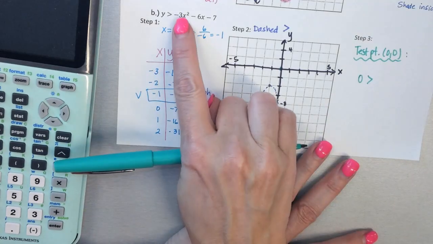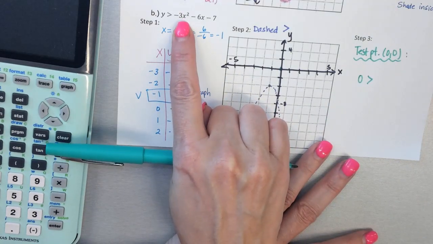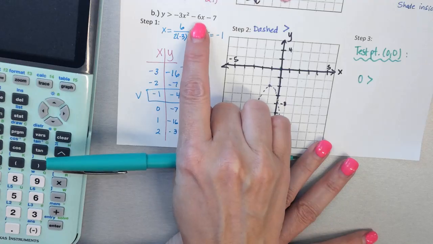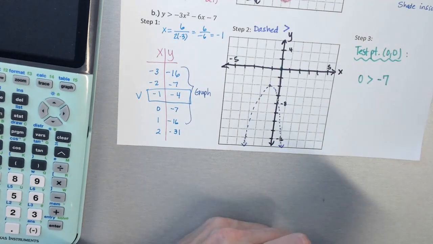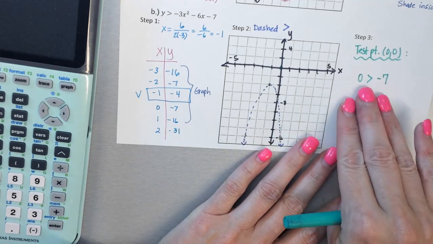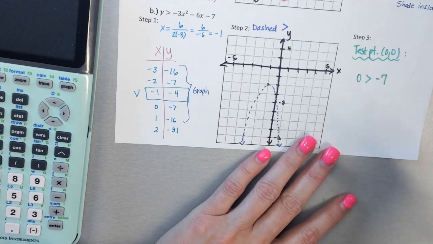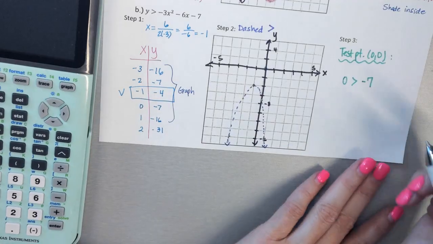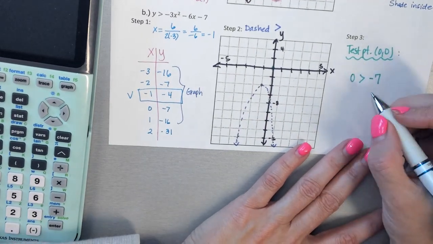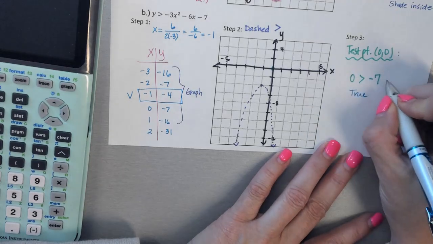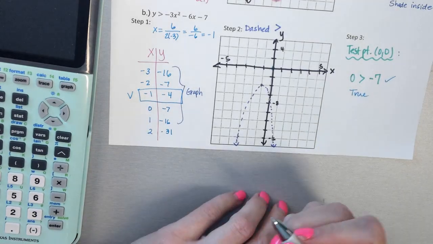We should also know that if we plug in 0 for x, this becomes 0 and this becomes 0. So you just have 0 is greater than negative 7. Okay, so you don't have to show me the plugging in step here if you're using 0, 0. But you do need to tell me if that's true or false. So is this true or false? True. Okay, so yes, 0 is greater than negative 7.